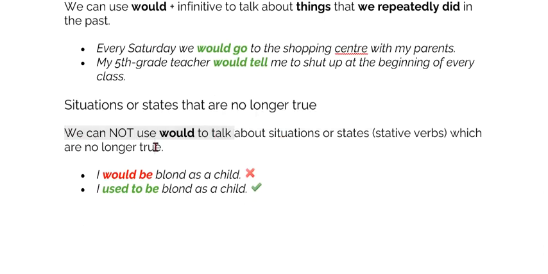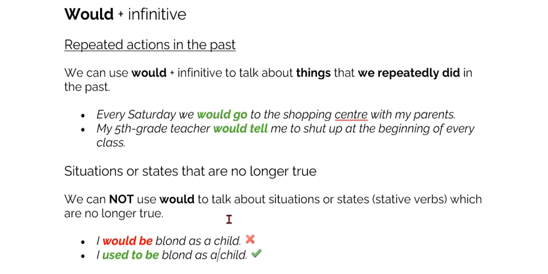I would be blonde as a child is completely wrong, because being blonde is a state, it is not an action, and would cannot be used with stative verbs. Instead of would, we have to use used to. As I mentioned earlier, we can use used to with both state and action verbs, but we use would only with action verbs to talk about repeated past actions.